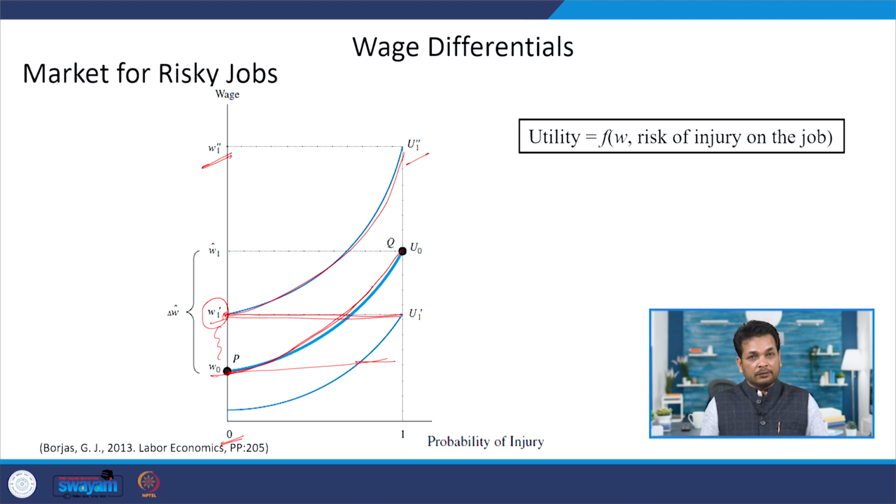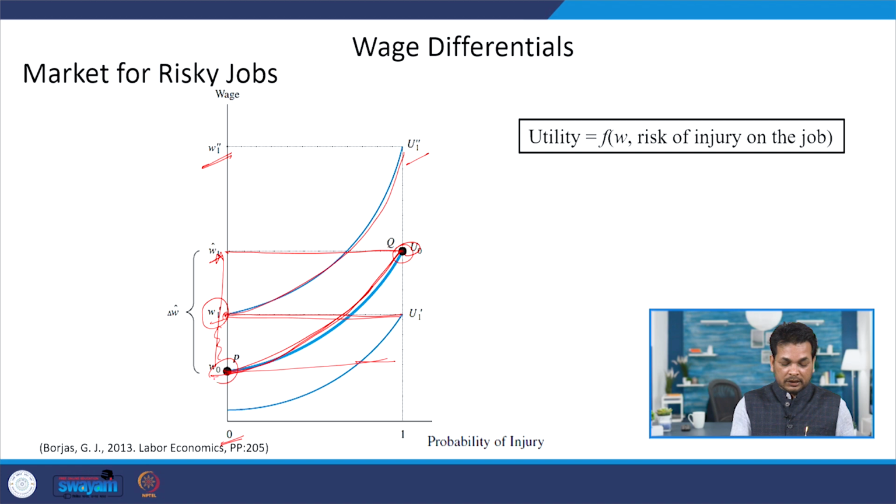Now, if we want to attract this particular worker who is working at W0 wage rate, operating at U0 utility function, to work in a risk environment, then we have to offer him a wage rate which is W hat 1. Then only, keeping his utility constant, his wages have gone up significantly, which may attract him and make him indifferent whether to work in a risk environment or in a safe environment.